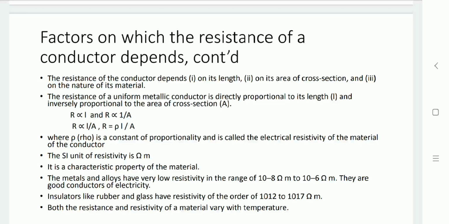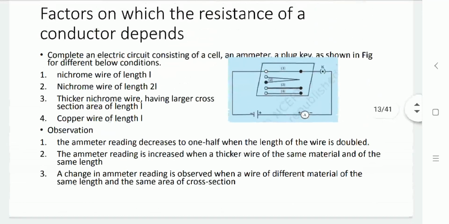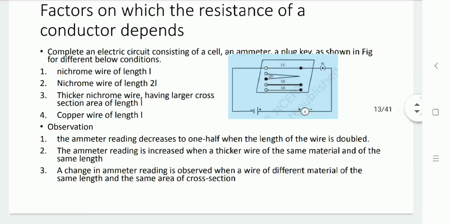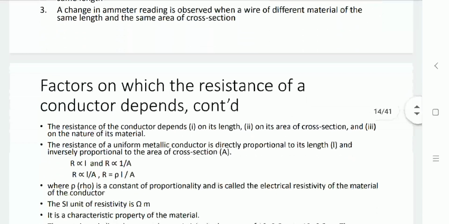Here we are finding the resistance value by observing the current. The observation: current decreases when wire length is double. So we can say that when the wire length is double, more resistance is offered. So resistance is directly proportional to L.